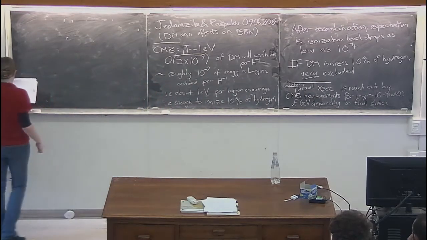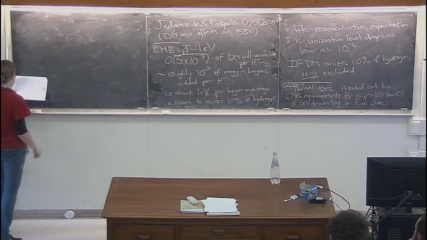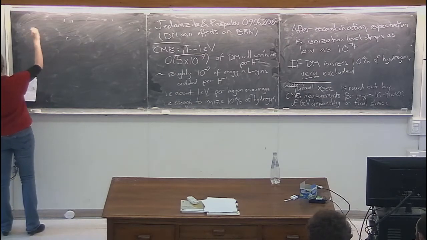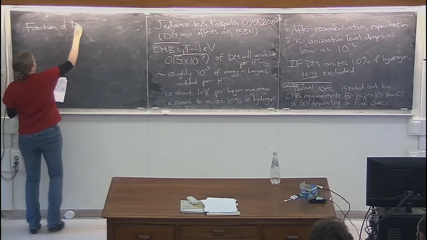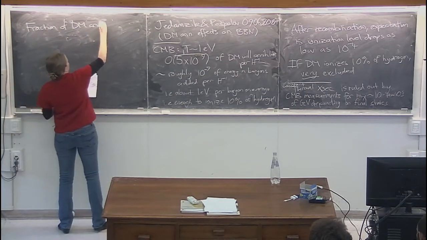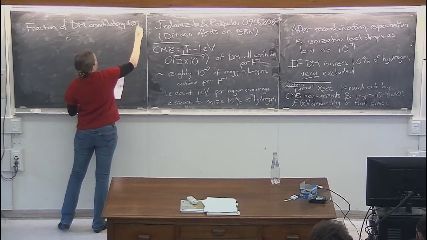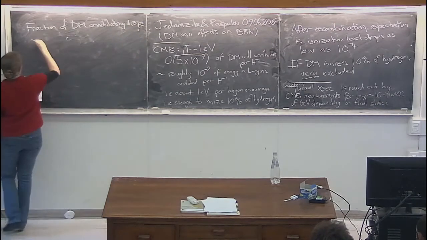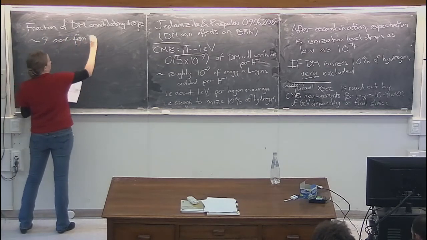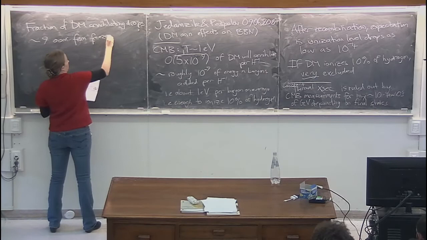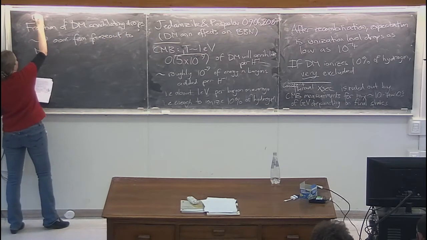Did I do that right? Yeah. So the fraction of dark matter annihilating drops roughly 9 orders of magnitude from freeze-out to matter-radiation equality. This is for the example.